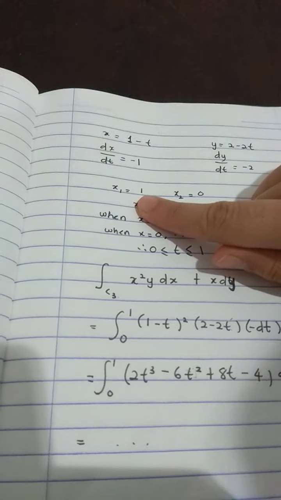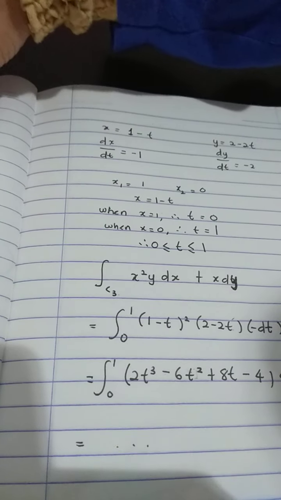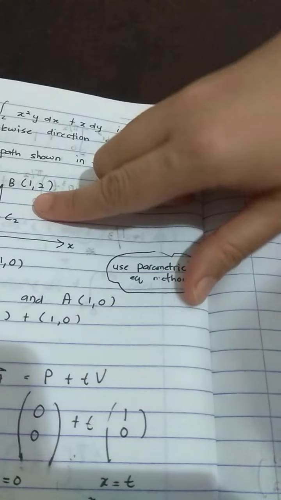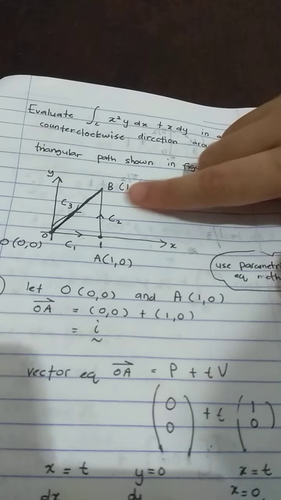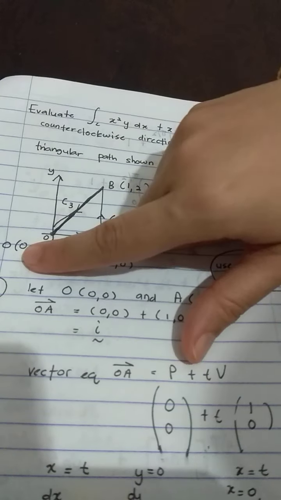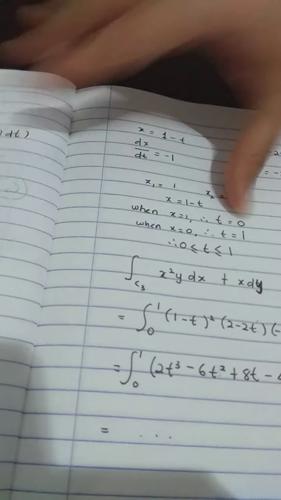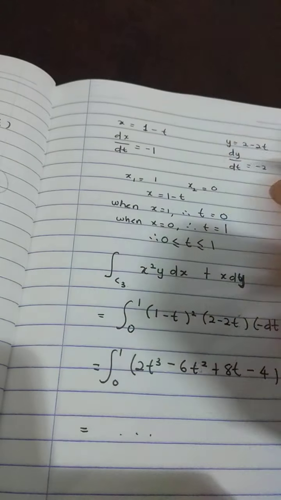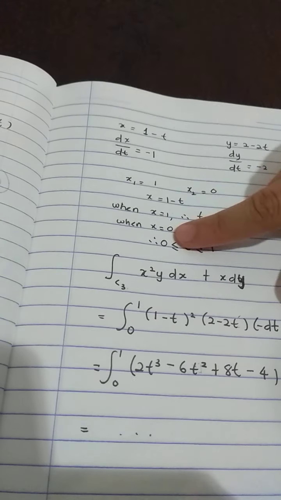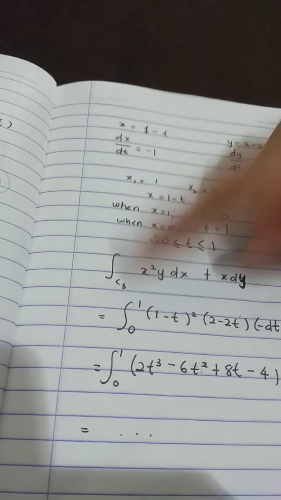I use x. From B to O, the starting coordinate of x is 1 and the ending point for x is 0. So when x equals 1, t equals 0, and when x equals 0, t equals 1. So we got this interval for the third integration.